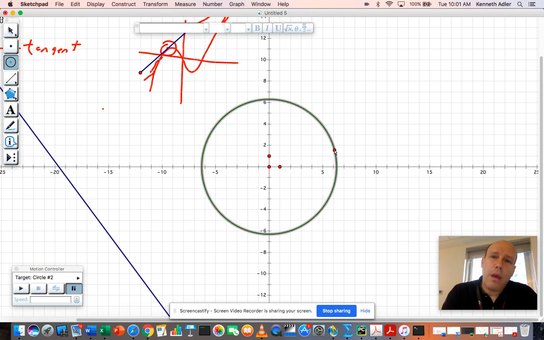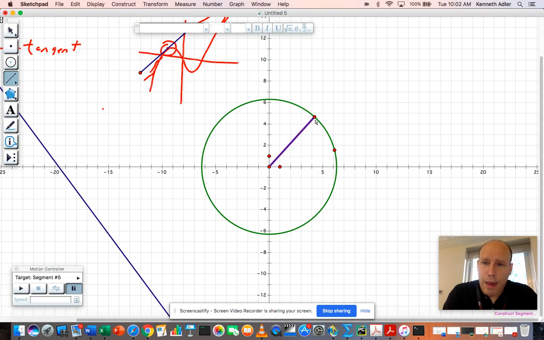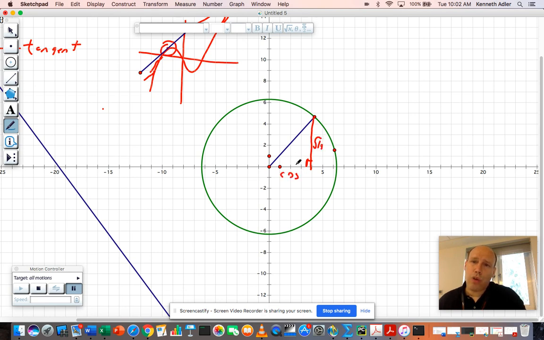The next thing I'm going to do is put a rotation in here. So that's our segment. Let's construct a segment, and then draw the perpendicular down. And so we remember this was y, this was x, this was sine, and this length was cosine, and because it was a unit circle, the length was 1.